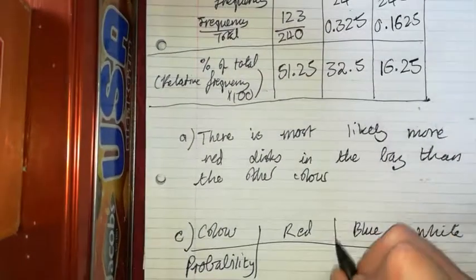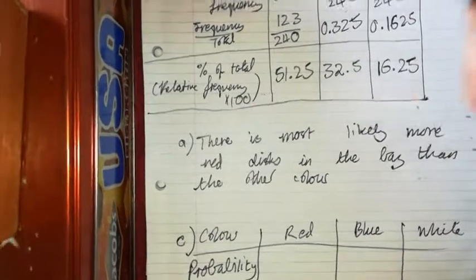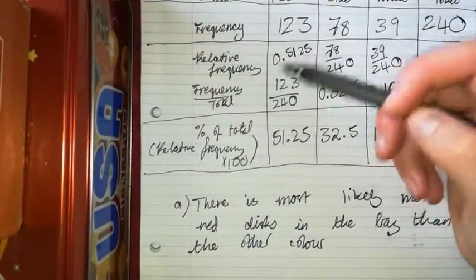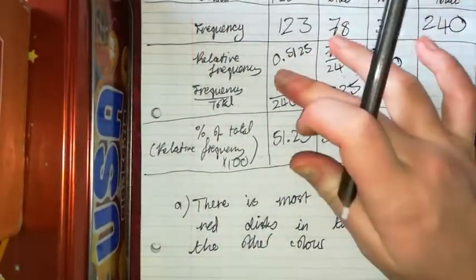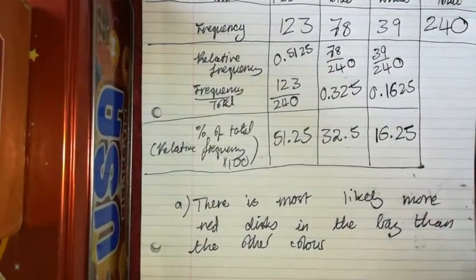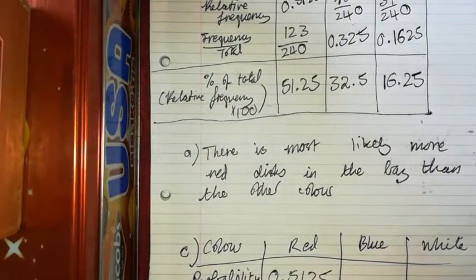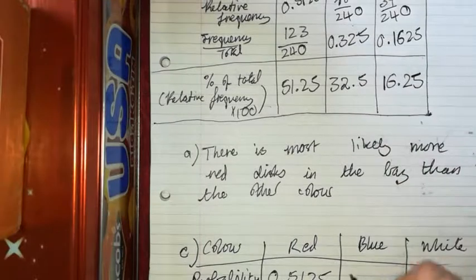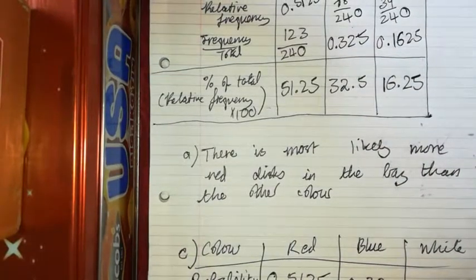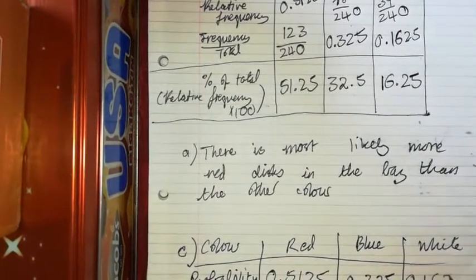So we're going to have to put it as a decimal. The probability that we get red is going to be pretty much equal to the relative frequency, because we're after repeating the trial 240 times. So the probability is 0.5125. The probability for blue is 0.325, and the probability for white is 0.1625.